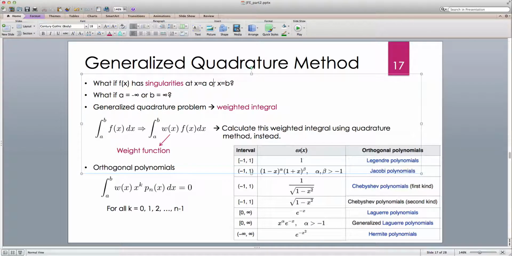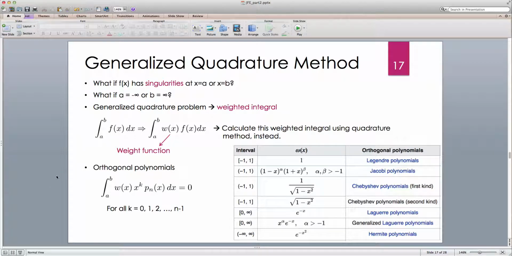So if f of x has some singularity over the a and b interval, we cannot directly map it to -1 to 1, because then one of these two limits or both of them could be the singularity. Or sometimes one of these limits of the integration a and b is infinite. A could be -infinity, b could be +infinity. And again, for these cases, the Gauss quad doesn't really work.